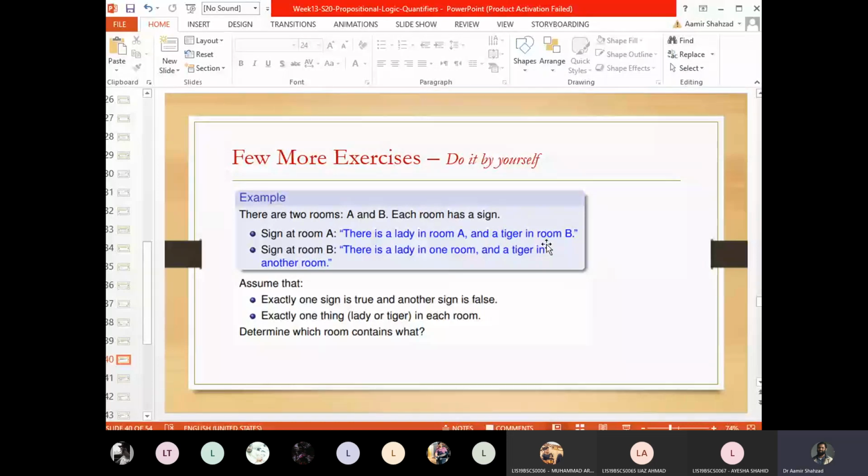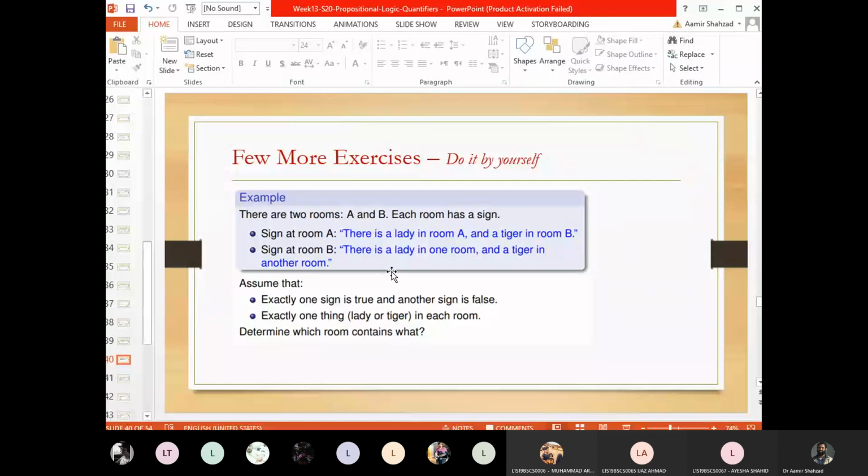So अगर statement of room A becomes false, एक में false होना है एक में true होना है, and the statement of B becomes true. Statement of B क्या कह रही है? There is a lady in one room and a tiger in another room. Okay, fine, it's possible. Actually, it has to be like this.